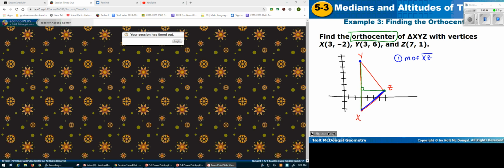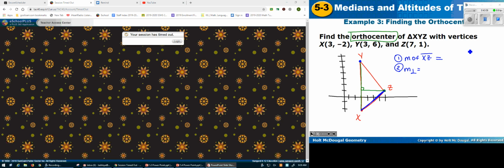And I don't want my line to have the same slope. What kind of slope will my line need to have? Opposite reciprocal, because remember, perpendicular lines have opposite reciprocal slopes. So first we'll find the slope from X to Z, and then we'll find the perpendicular slope with the opposite reciprocal slope. So what is the slope from X to Z?